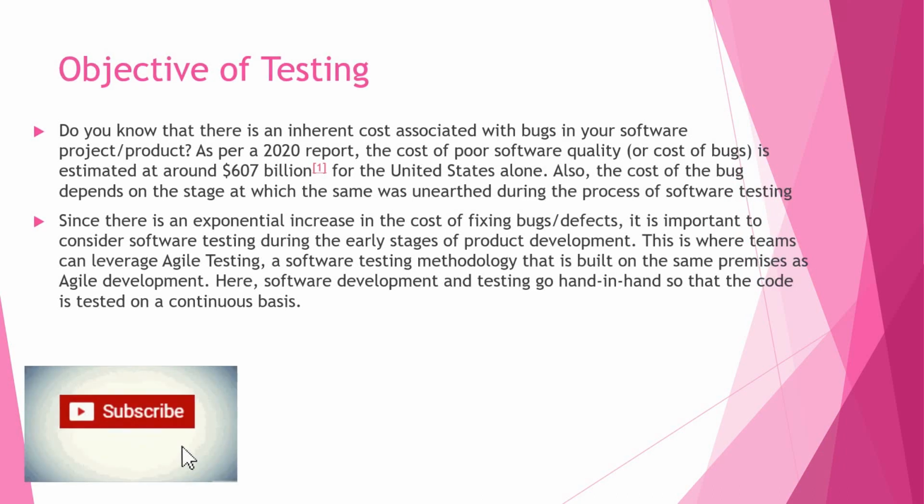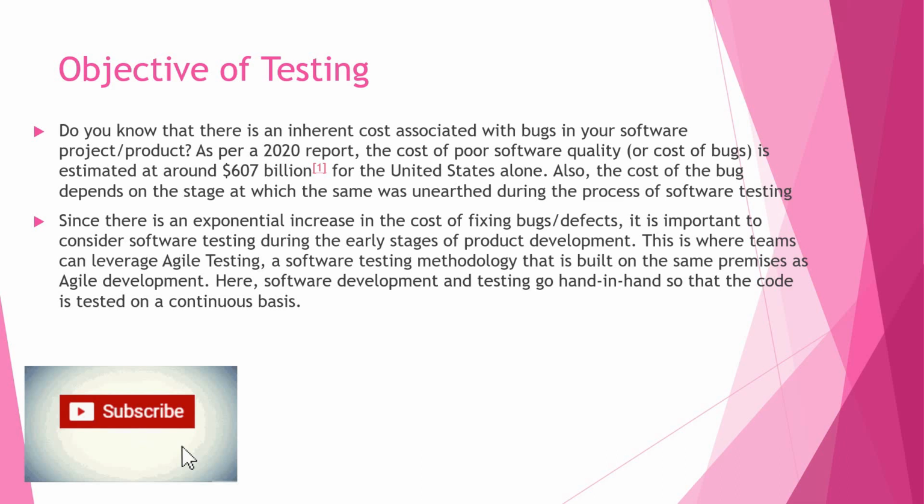So, the objective of testing. Do you know that there is an inherent cost associated with bugs in a software project or product? As per a 2020 report, the cost of poor software quality, or the cost of bugs, is estimated at around 607 billion dollars for the United States alone.